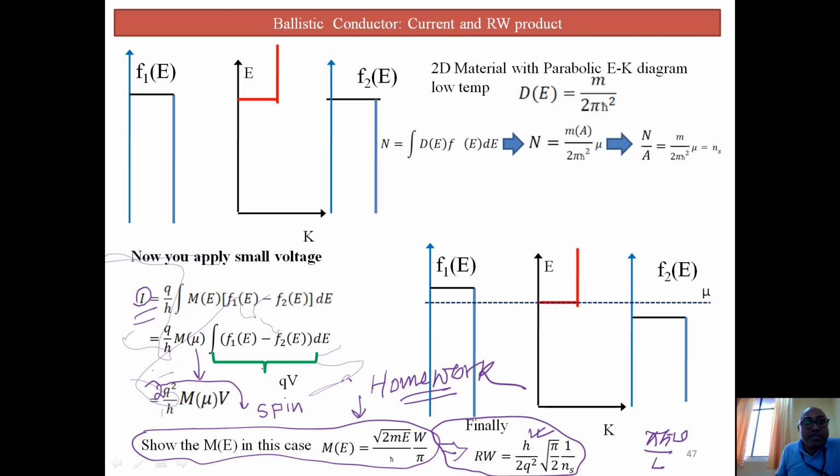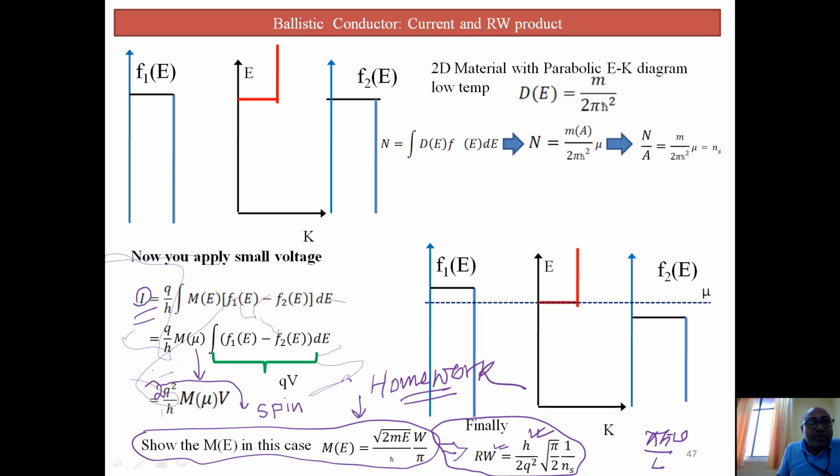You know conductivity from this expression. From there you can calculate resistivity, and if you know the resistivity, you can calculate the resistance. How? Because you have to multiply the resistivity into L by A, length by area, and area is actually a function of W. That is why this W is coming. So it is easy to do, just do it.